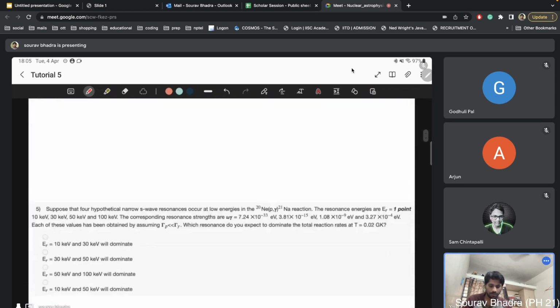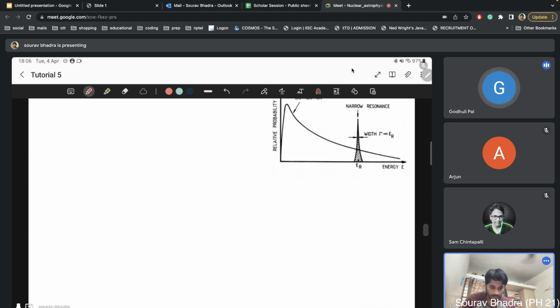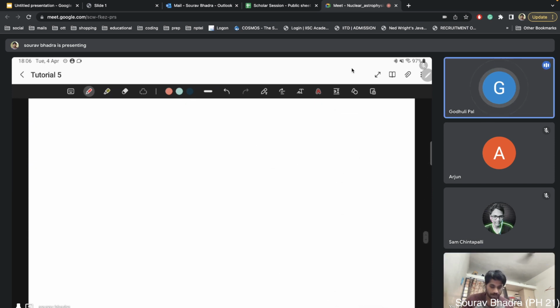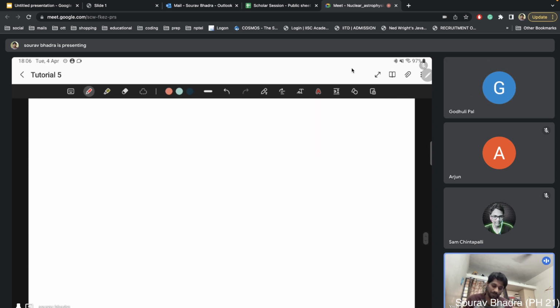Let us first go to the shell model, just a second, and the liquid drop. I have not found that book. I think the PDF copy is not available. One thing I can do, I have not checked it in my institute library.